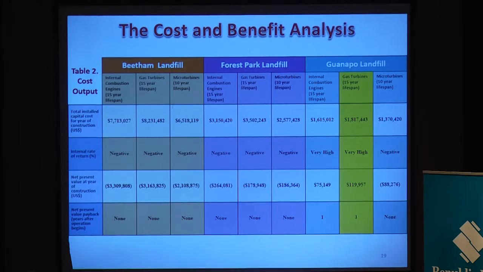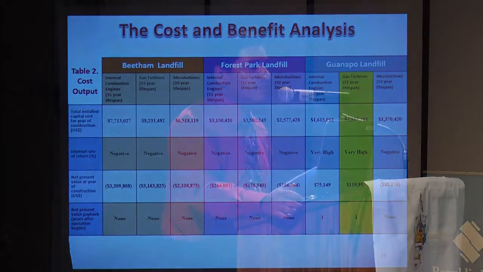In summary, the yellow highlighted column is the only type of electricity generation technology which is shown to be economically feasible by looking at the internal rate of return and the net present value. For the Beetham landfill and the Forest Park landfill, none of the technologies was economically feasible in terms of cost.